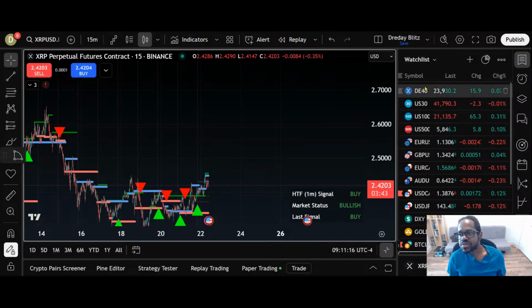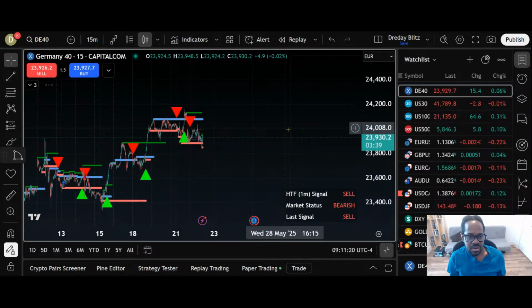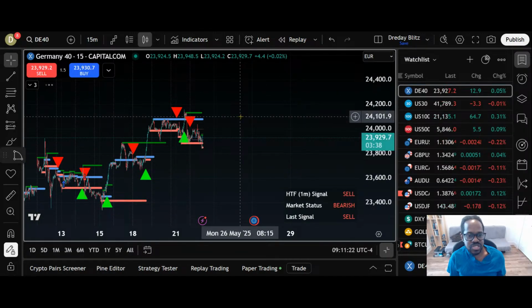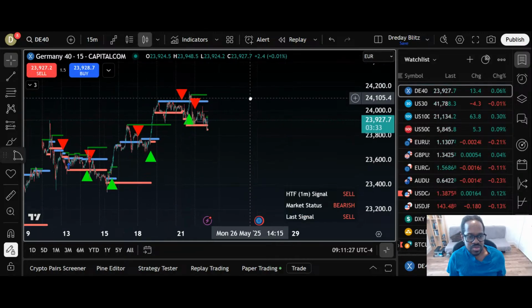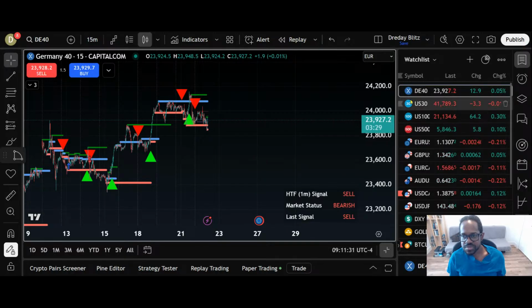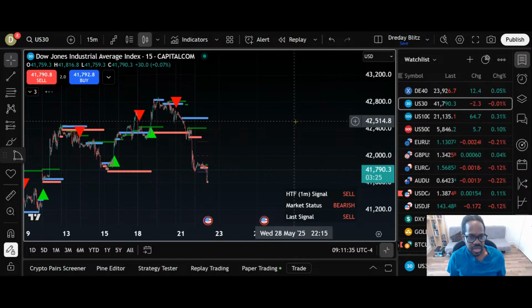So we're waiting for any setups here, but overall, like I said, on indices we're looking for bearishness. German is starting to trade down. US 30 and SPX 500 already did the move for the week, so it should be out of those trades.